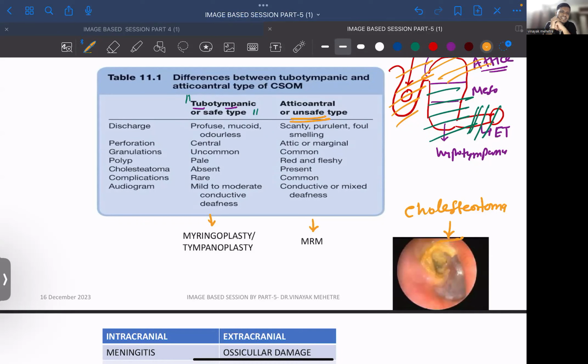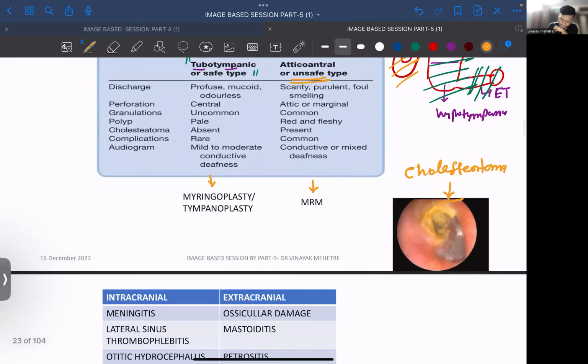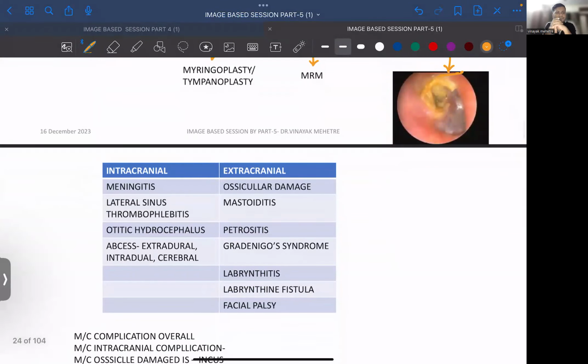Answer is meningitis. Answer will be meningitis. Kernig and Brudzinski sign positive आ रहा है, right? It is a complication of CSOM.